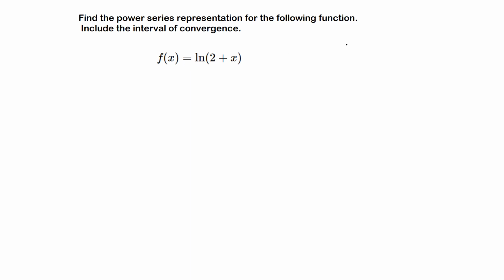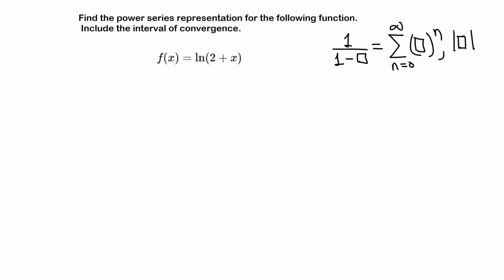We know that when we have something like 1 over 1 minus some function, let's say box, when we have this fraction, then we can always write this as the geometric series, that box to the n from 0 through infinity, and the radius of convergence is, or the interval is rather, found by the absolute value of that equals 1.